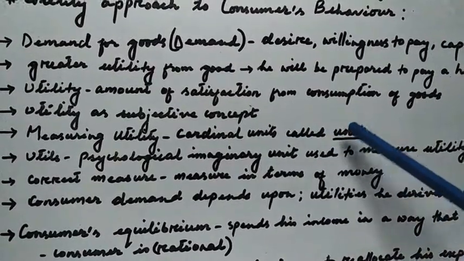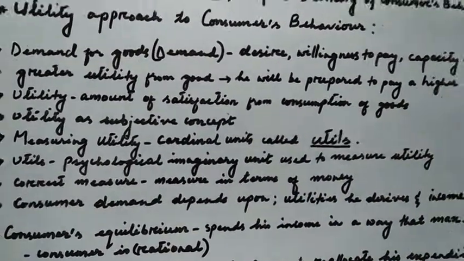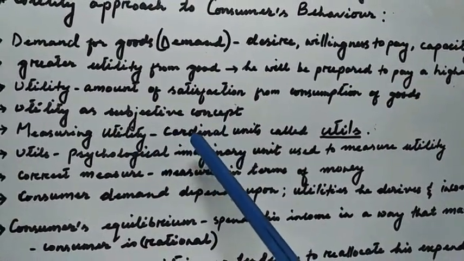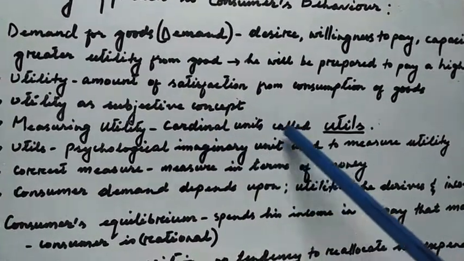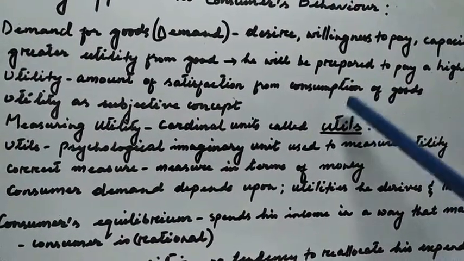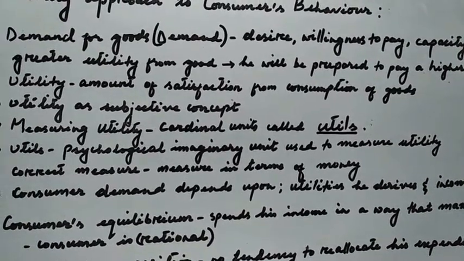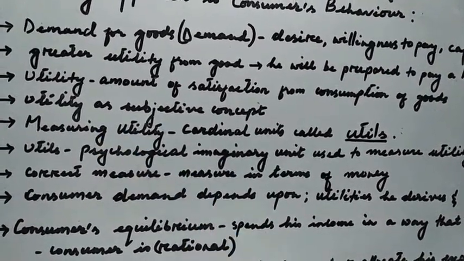So, I'm so sorry, measuring utility. In order to measure utility, we use one cardinal unit that is called utils. It is not units, but utils. So the cardinal unit called utils is used to measure utility.